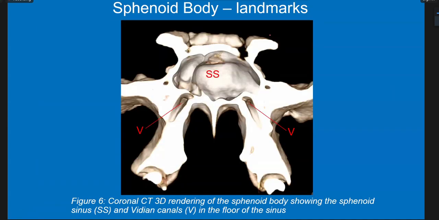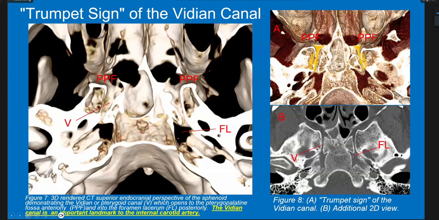Again, for the body of the sphenoid, it's mainly made up of the sphenoid sinus. At the floor of the sphenoid sinus, you will see the Vidian canal there. And the Vidian canal is a very important landmark because it opens into the foramen lacerum, and it's a landmark for the internal carotid artery.